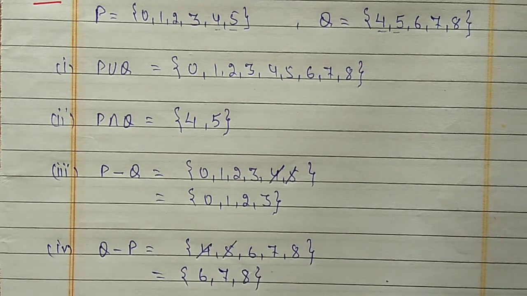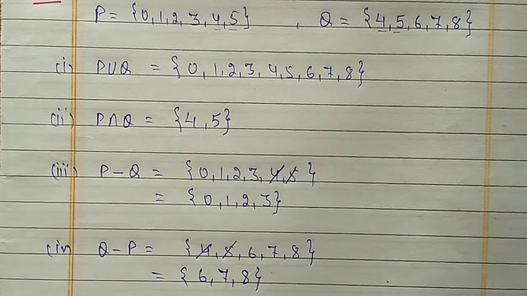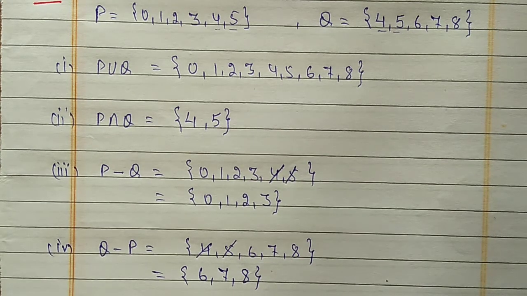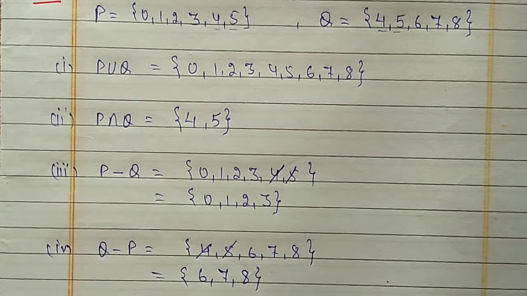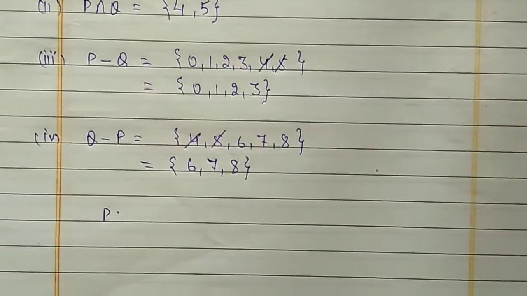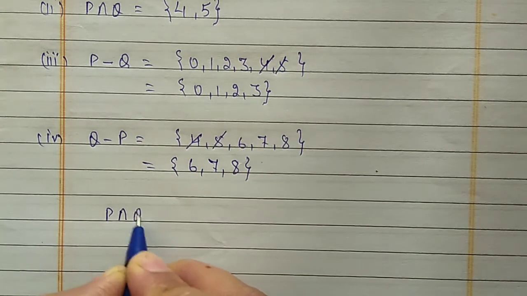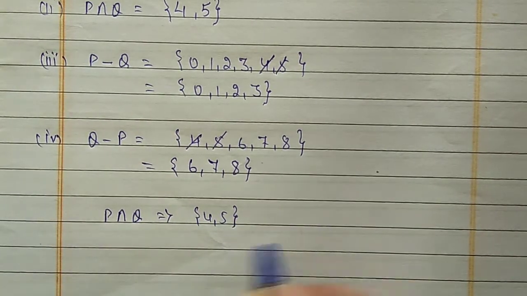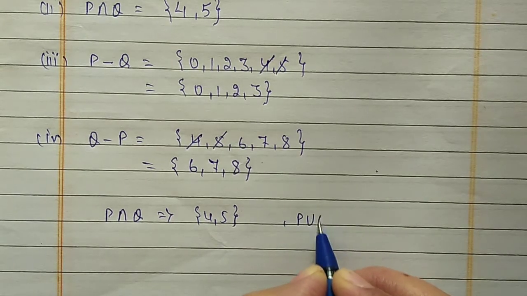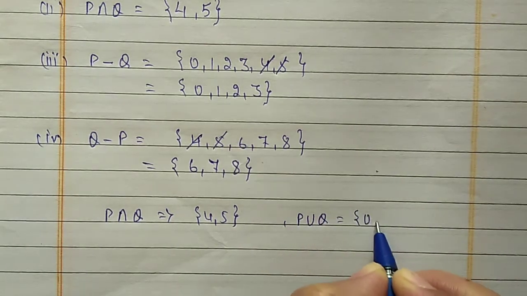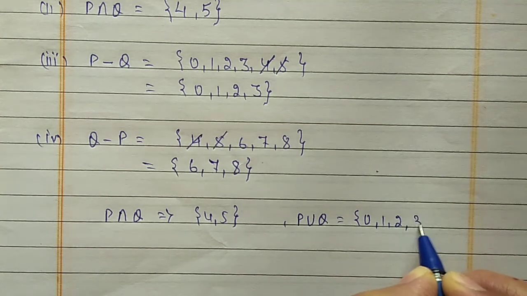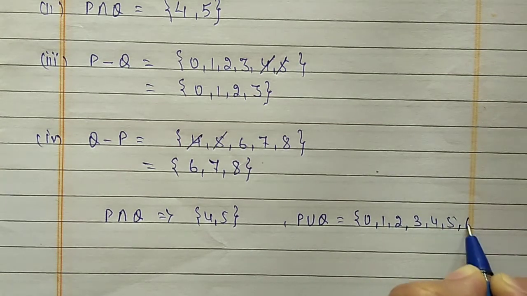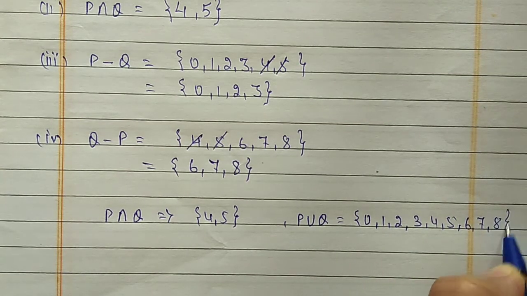Next they ask, is P union Q a proper superset of P intersection Q? So you can see here P intersection Q is equal to 4 and 5, two elements are there, and in P union Q we have 0, 1, 2, 3, 4, 5, 6, 7, 8, 9 elements are there.